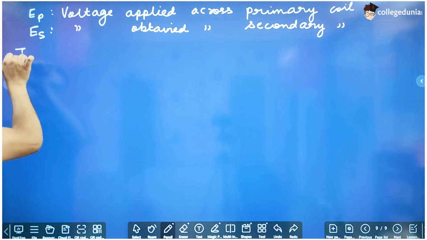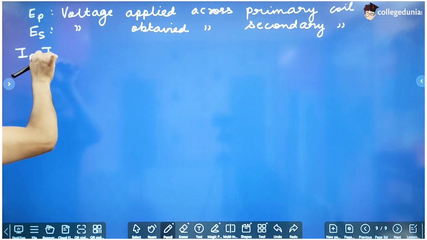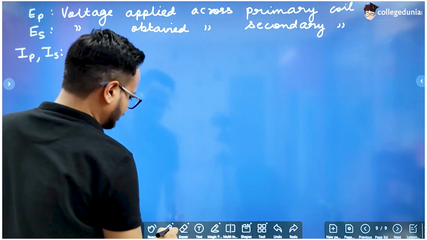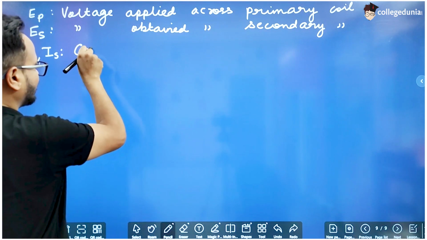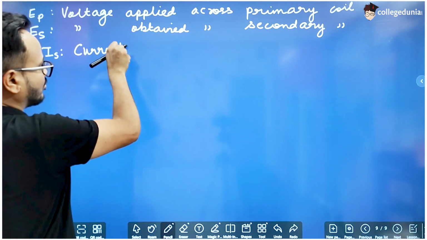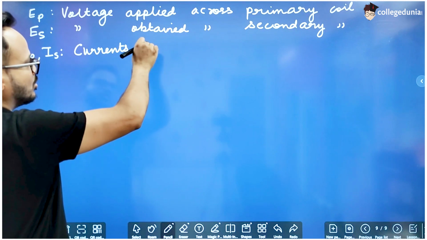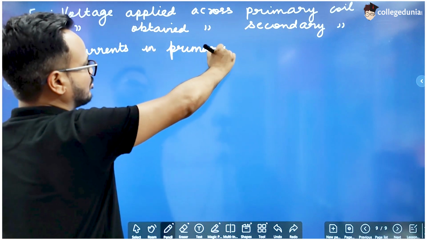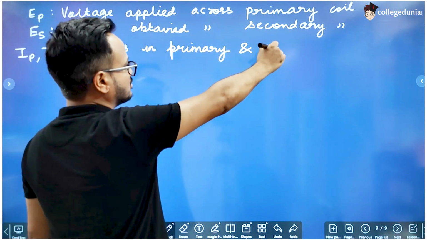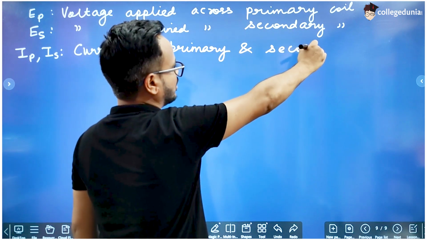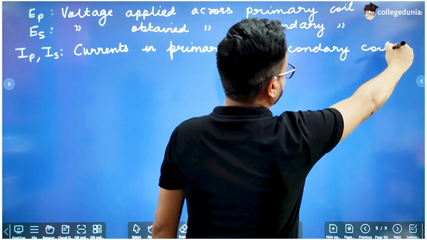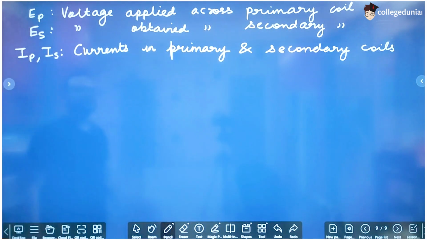Okay. IP and IS are currents in primary and secondary coils, right? IP and IS are currents in primary and secondary coil.